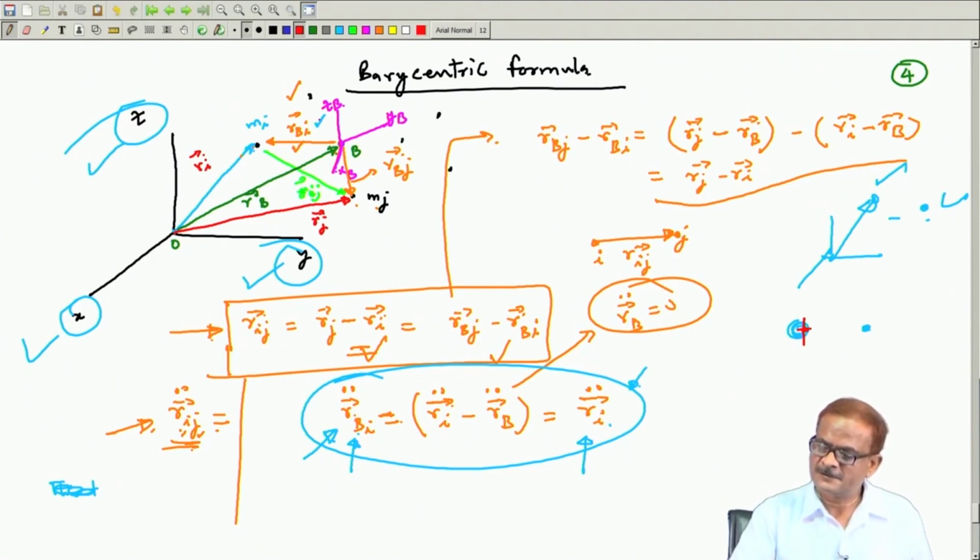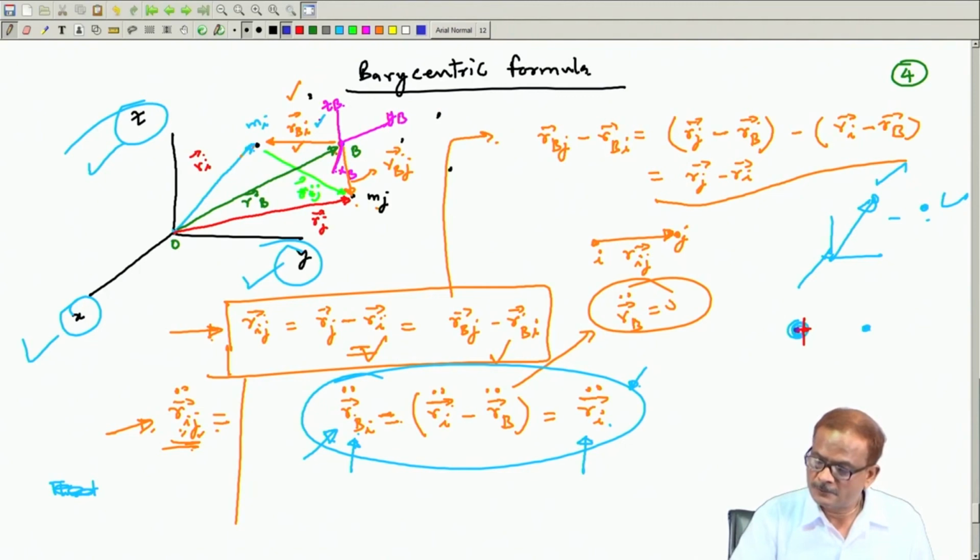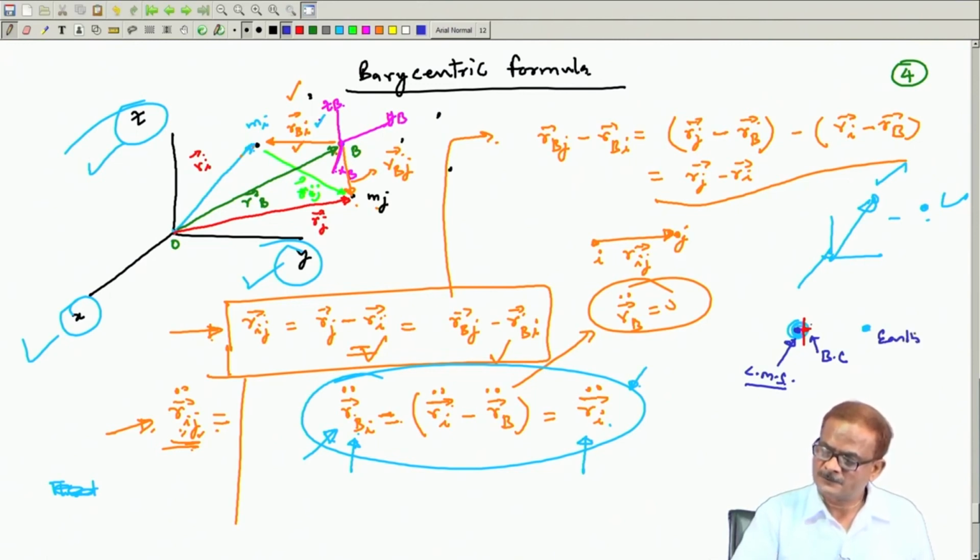This is the barycenter, and the center of mass of the Sun is located as shown by this blue dot here. So, this is the barycenter and this is the center of mass of the Sun, and here this is your Earth. The center of mass of the Sun will be moving about the barycenter like this, and about this barycenter Earth will also move like this.